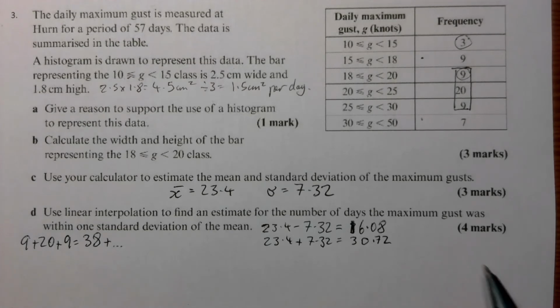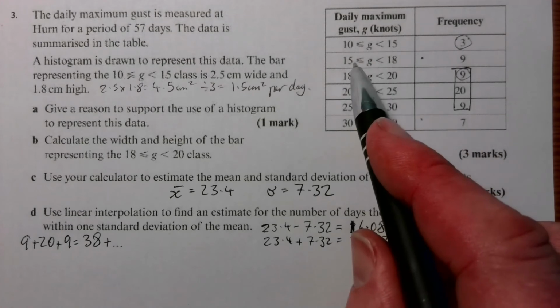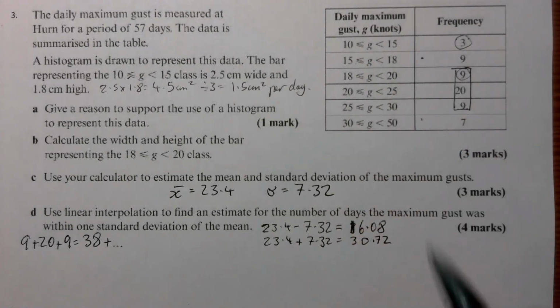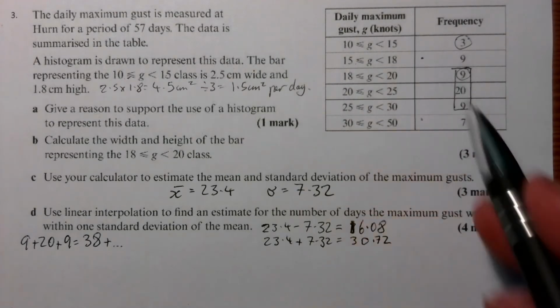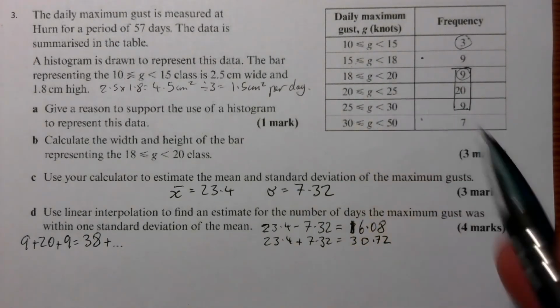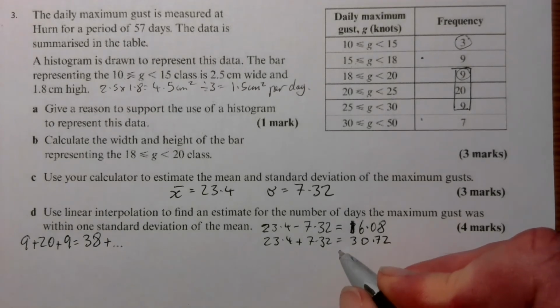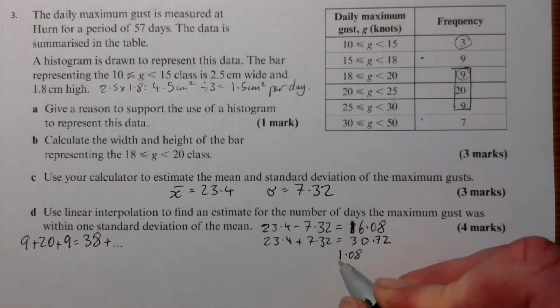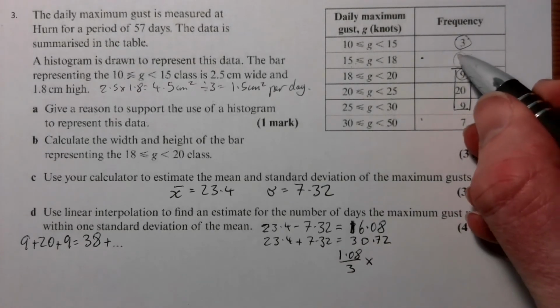First of all, let's do the bit at the bottom here. Now 16.08 is just 1.08 into this zone here from 15 to 18. 15 to 18 is a distance of 3, so we want it 1.08 out of 3, that fraction of the 9 that are in there.